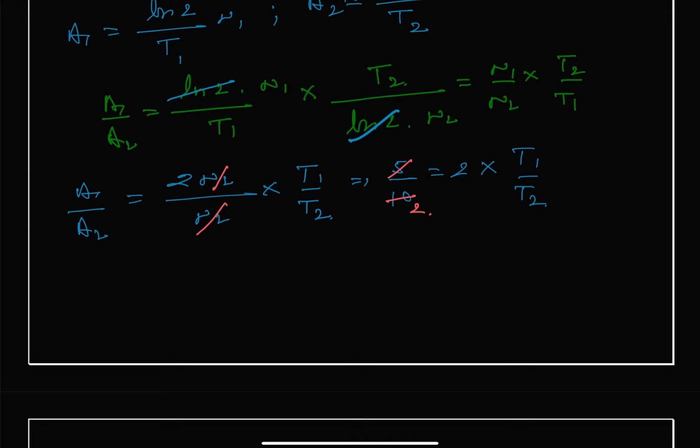Once again, sorry, this is T2 by T1. So we get that our T1 is equal to 4 times T2.